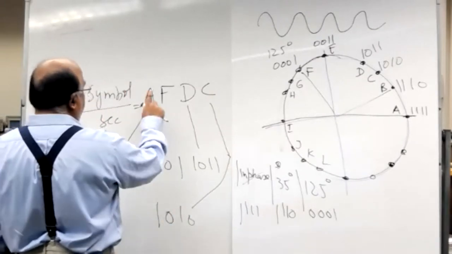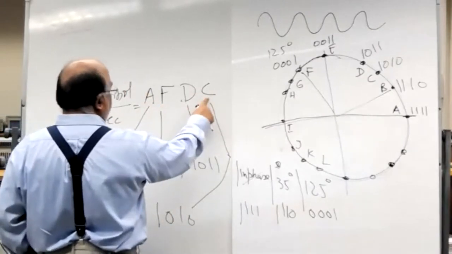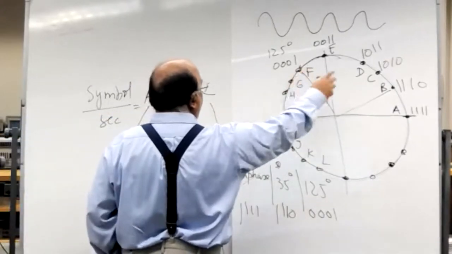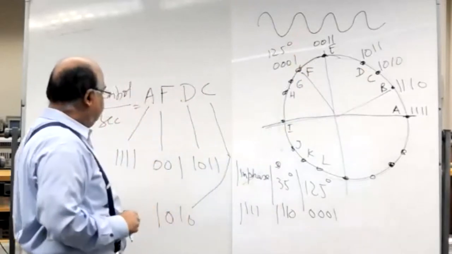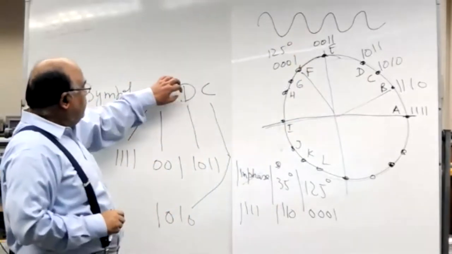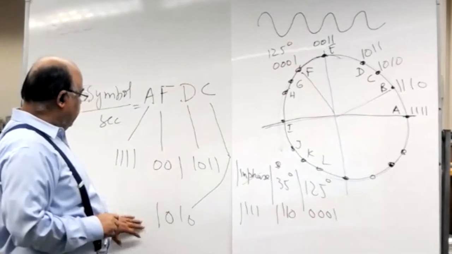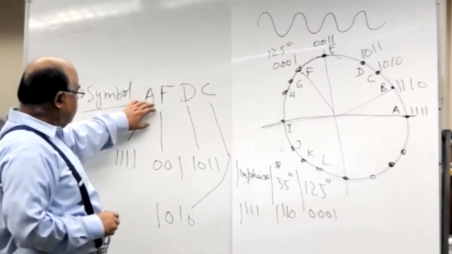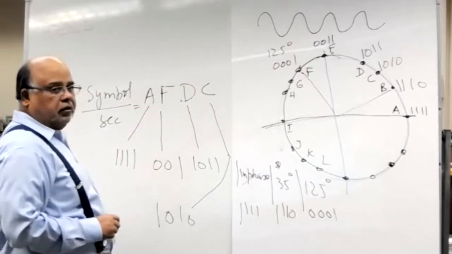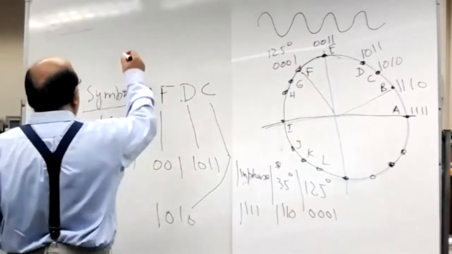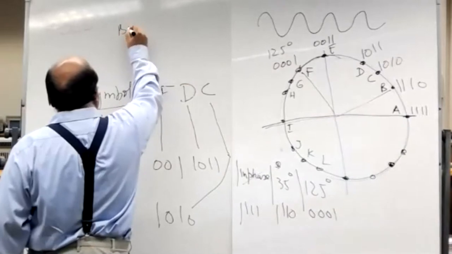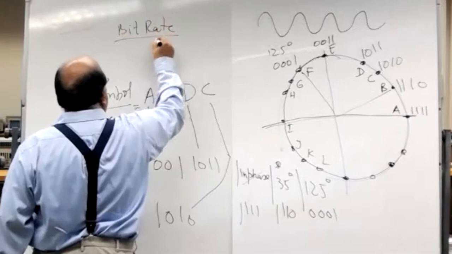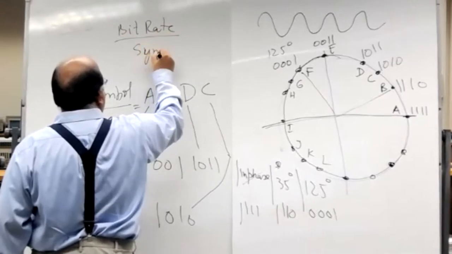So basically I'm sending a signal out of phase with the fundamental frequency. When I send 4 symbols here, I'm actually sending 16 bits. So the symbol rate is much less than the bit rate. The bit rate over the symbol rate you can find here.